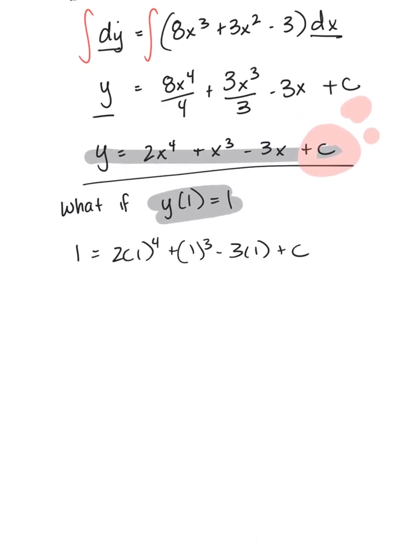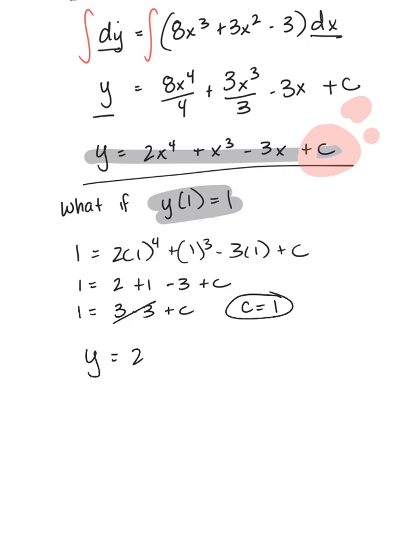And 1 equals 2 plus 1 minus 3 plus c. 2 plus 1 is 3, minus 3 is 0, so c is equal to 1. So that means y is equal to 2x to the fourth plus x to the third minus 3x plus 1.